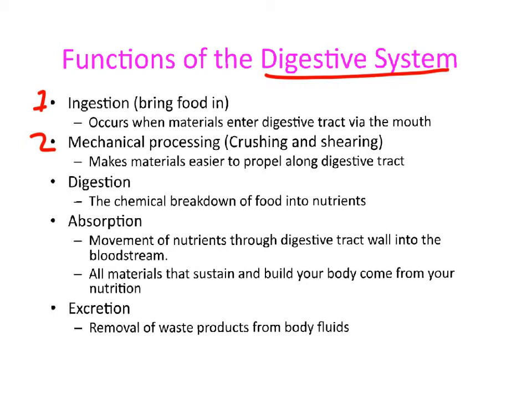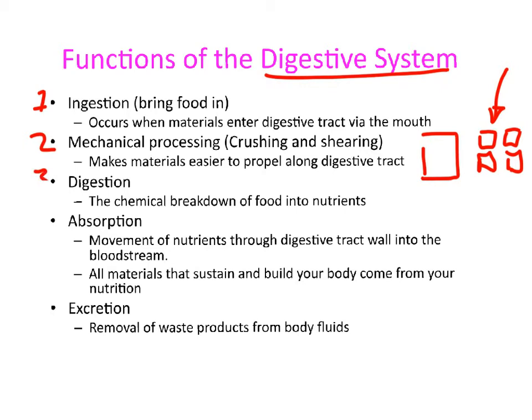This is ripping and tearing and making the food into smaller pieces, which makes it easier to fit down the digestive tract and also increases the surface area to speed digestion. So if you have a large piece versus a lot of small pieces, the small pieces are easier to digest, which is part of the goal of mechanical processing.